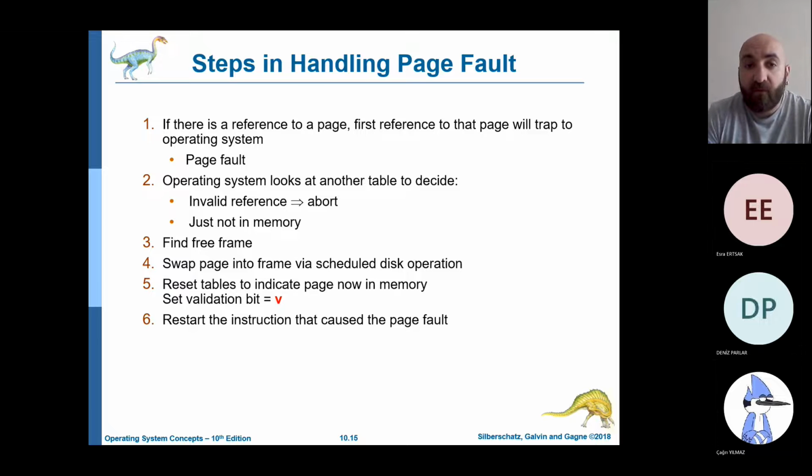On the fifth step, when the storage read is complete, we modify the internal table kept with the process and the page table to indicate that the page is now in memory, and also set the validation bit to valid. On the sixth step, we restart the instruction that was interrupted by the trap. The process can now access the page as if it had always been in memory.